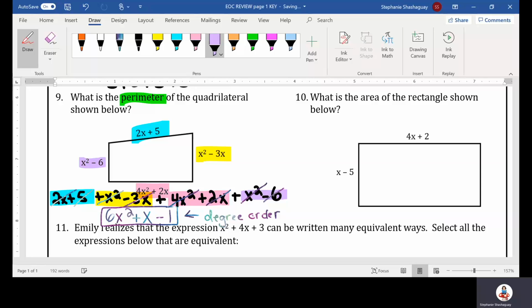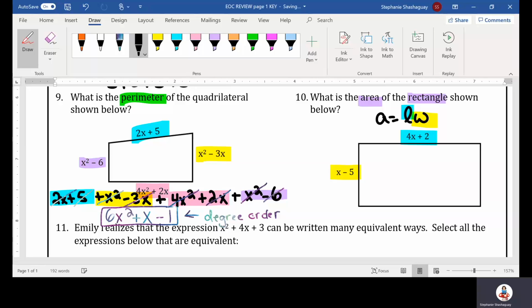In question number 10, I'm looking for the area. And the area of a rectangle is always going to be length times width. Well, my length is here, my width is here, so I just have to multiply those two terms together.